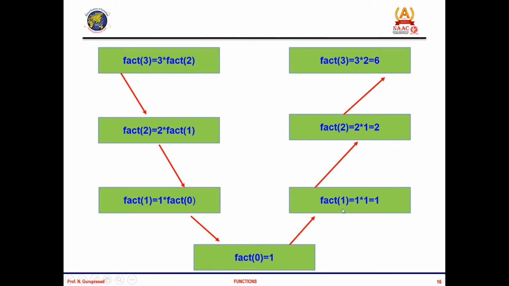He gives it to the previous person, who multiplies it by 1 and gives it on as 1. So factorial 2 is nothing but 2 into 1, which is 2, and that 2 is given to me, because I was the person interested in finding factorial 3. Remember, factorial 3 is nothing but 3 multiplied by factorial 2.